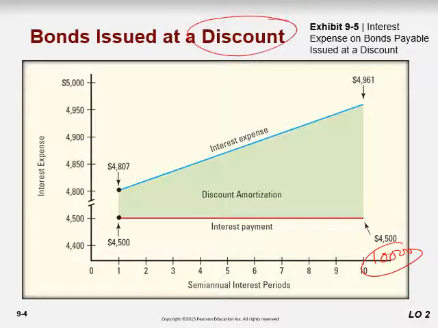So this is the issue of the bond and the relationship between payments and expense. So when the bond is issued at discount, interest expense is always greater than interest payments. Interest payments are smooth, right? It's a horizontal line, and interest expenses start rising, right?